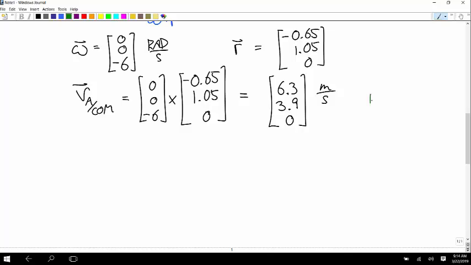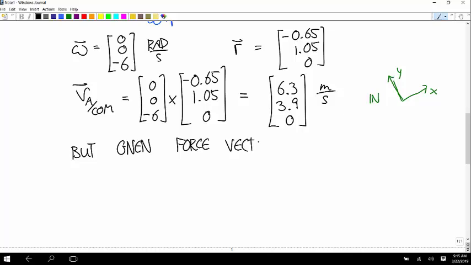So this coordinate system is this. And actually, we're probably safe to assume that we're given force vectors and velocity vectors in a coordinate system like this, right?